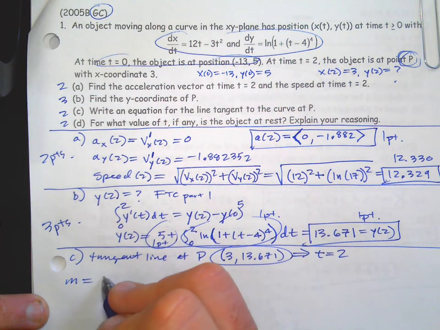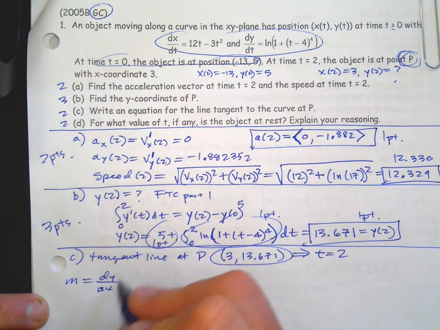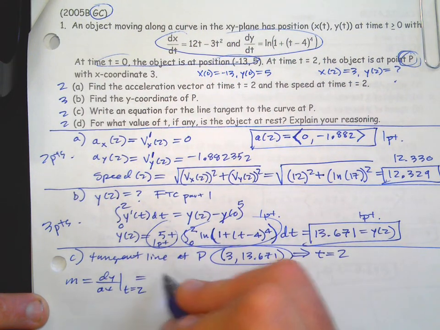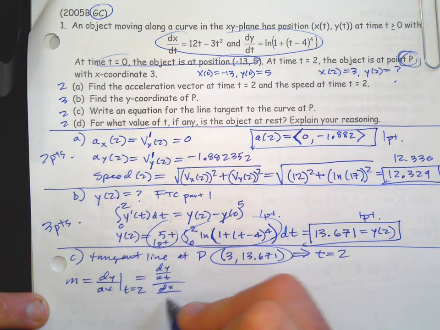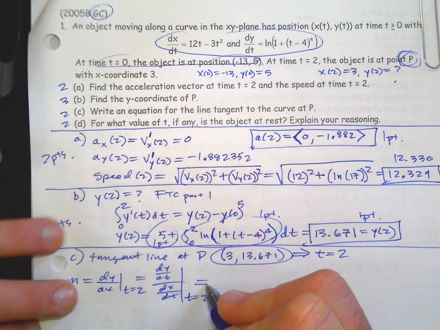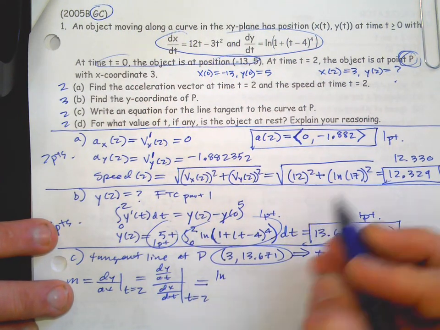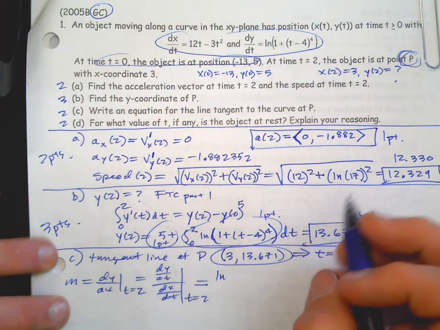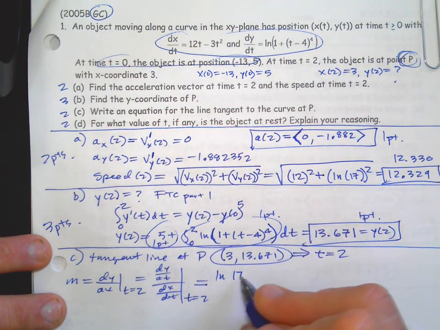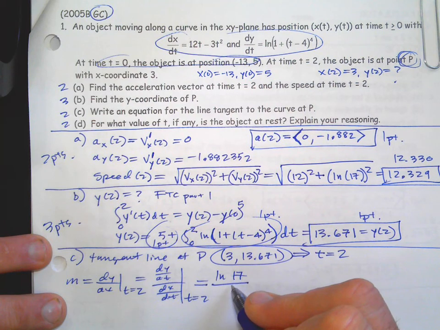So we need the slope, which is dy dx at time 2. Do we find this ever? No. Okay. Which is going to be dy dt over dx dt at time 2. I mean, we could write it. When we plug in, natural log of 17 over 12.